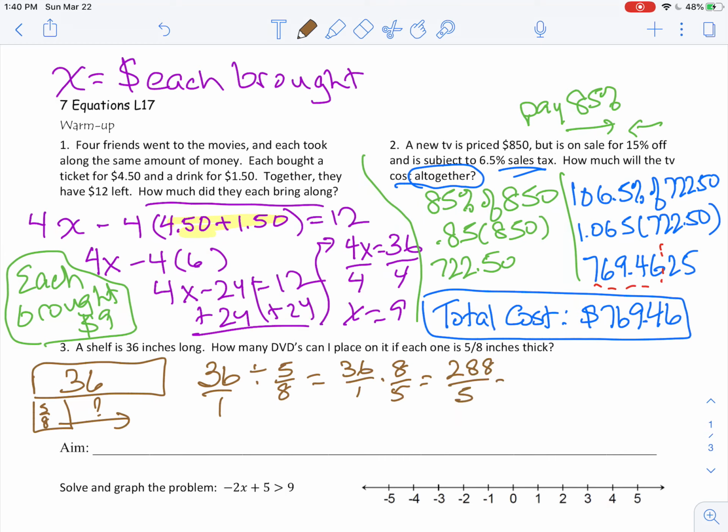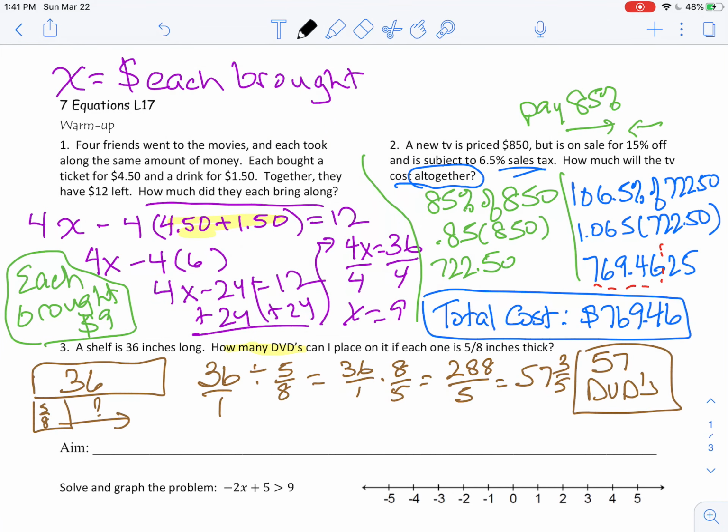And again, you can do this in your head, or you can do this on paper, or you can use a calculator. And if you do that, this is the answer that you get. And then we have to answer the question. The question says how many DVDs, so we have to interpret that. And you can't have 57 3/5 DVDs, so we're going to say that there's going to be 57 DVDs that can fit.